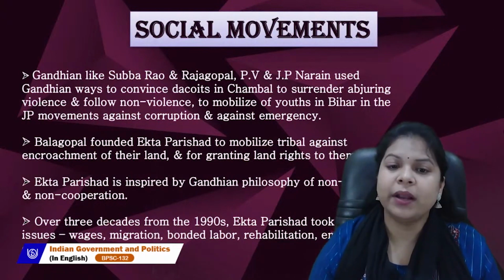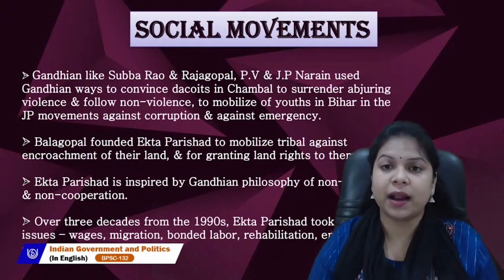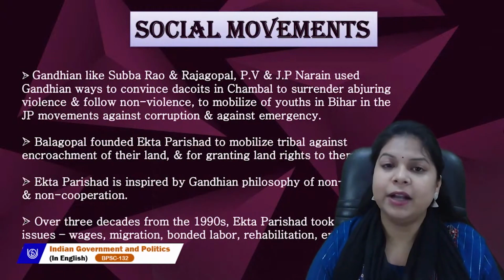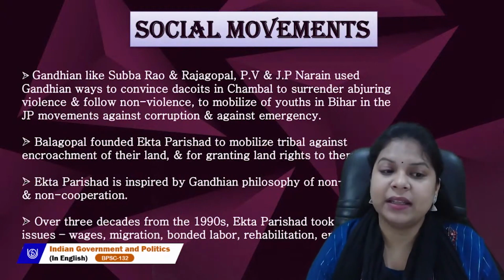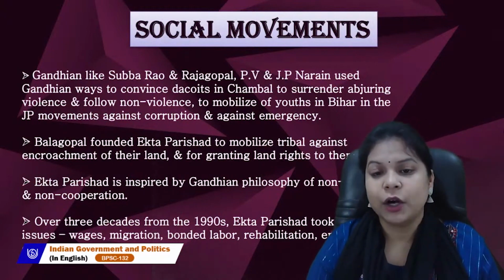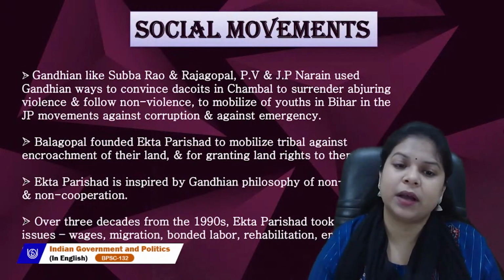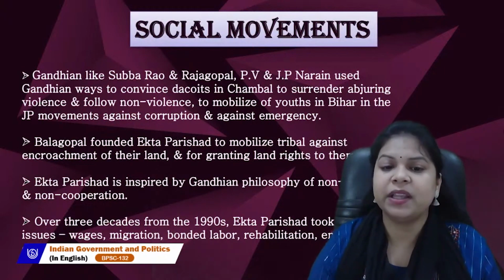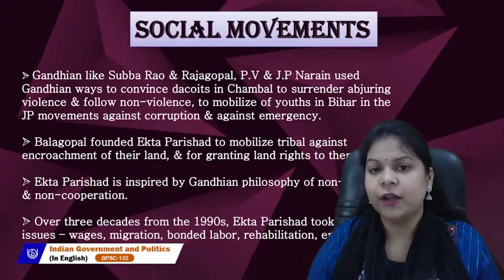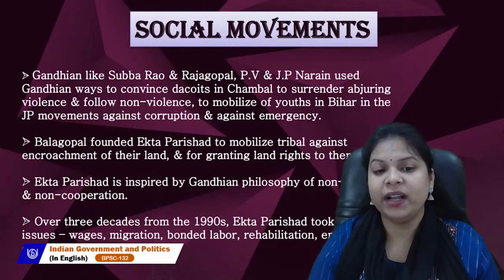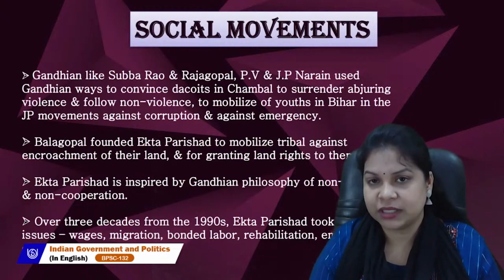So Subbarao, Rajgopal, PV and JP Narayan used Gandhian ways to convince them to surrender, abjuring violence and following non-violence, and to mobilize the youth in Bihar. So not only did they convince dacoits in Chambal, but they also used Gandhian ways to mobilize the youth in Bihar in the JP movement against corruption and against emergency.